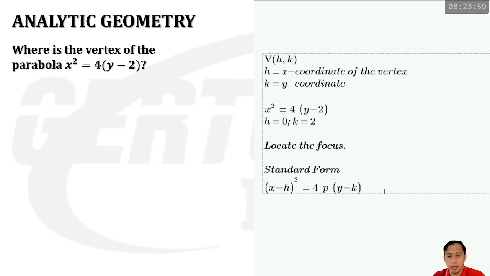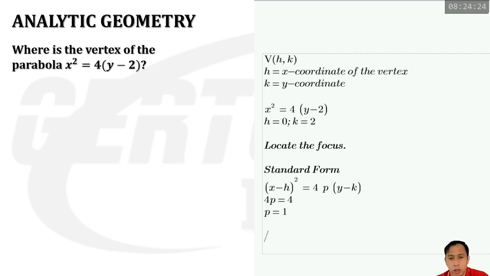Now, as you can see, it's clear that 4p is equal to 4, so that means p is just 1. So that means the focus is just 1 unit from the vertex.